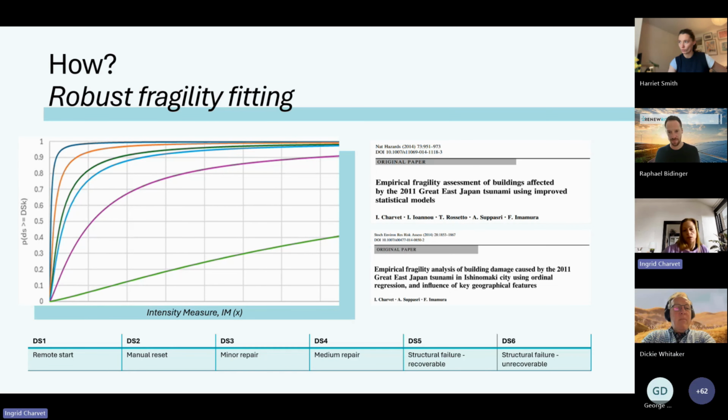This is not just a generic method, it's a method that we have extensively validated and published in peer-reviewed journals. It was originally developed for tsunami damage estimations, and now we have adapted and applied it to the context of storm modeling for UK and Europe.